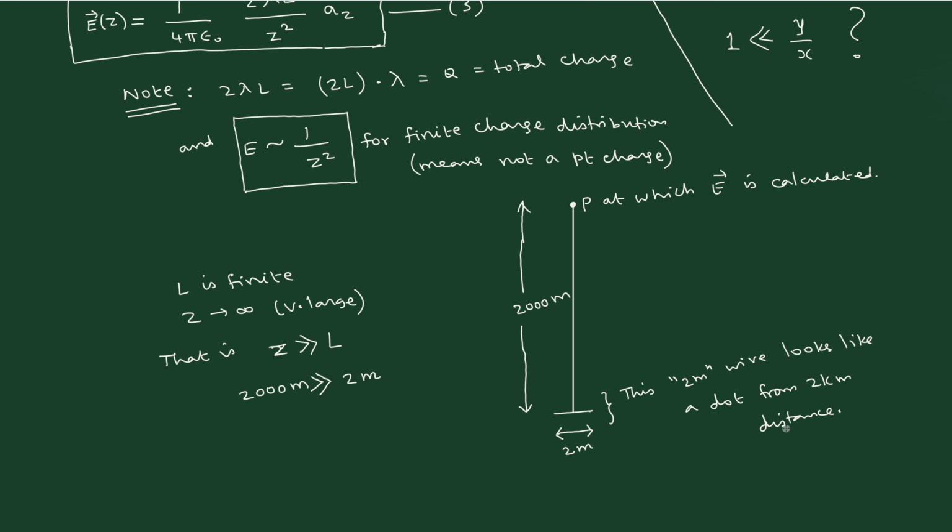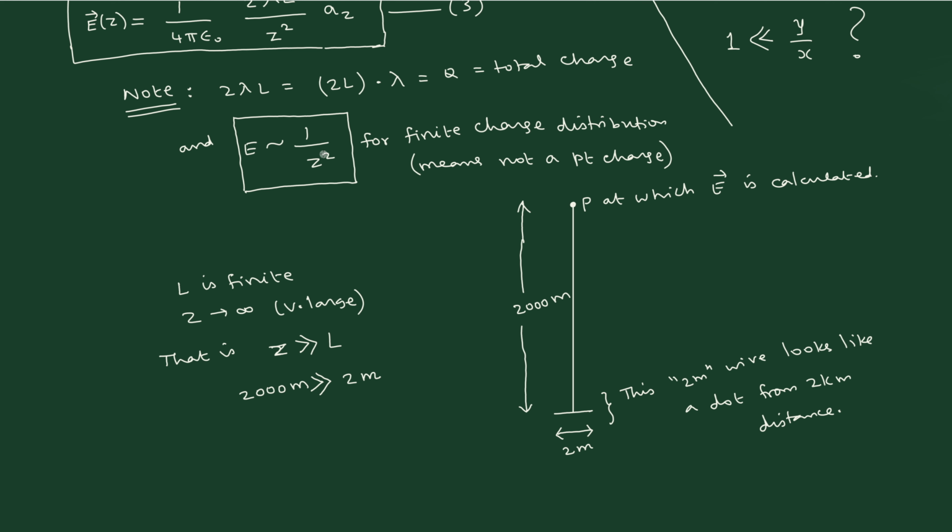Whenever you are going to observe an object from a far away distance, that object looks like a point object, not like a distributed object. And therefore, coming back to this equation, the electric field is 1 by z square, which means that as far as the calculation of the electric field is concerned from large distances, any extended distribution will look like point charges.